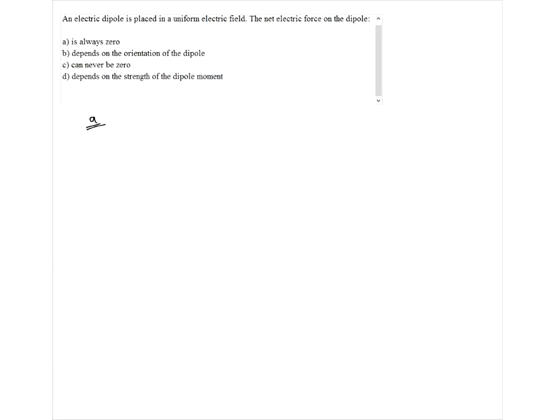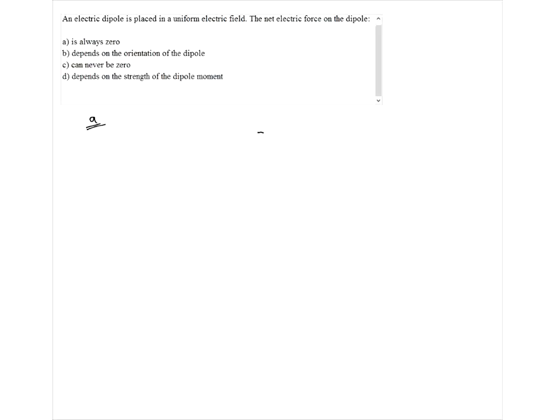Sir, when the dipole is placed in the equatorial manner, then what will be the dipole moment? How is that related to this question? And by the way, dipole moment has nothing to do with the position. Potential and field have to do with which point you are talking about.